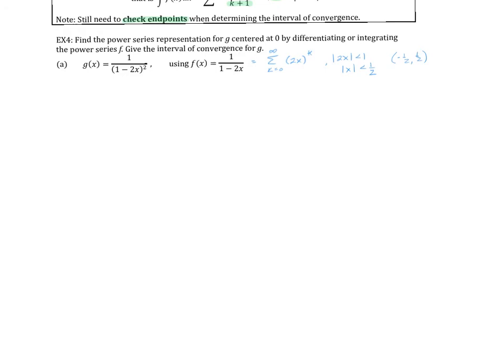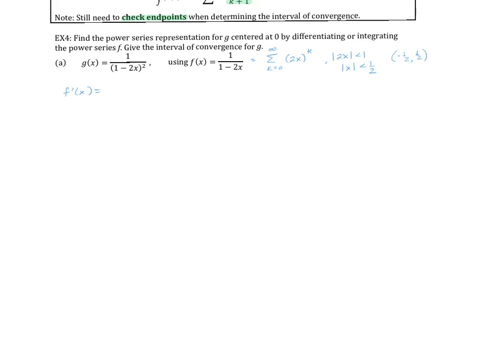So notice that if I take the derivative of f, maybe it's easier if I write this as (1 minus 2x) to the -1. It's going to be -1 times (1 minus 2x) to the -2 times the derivative of the inside, which would be -2.